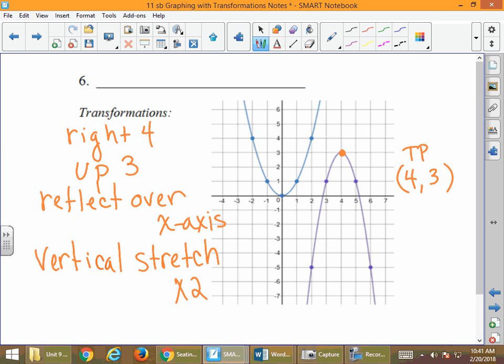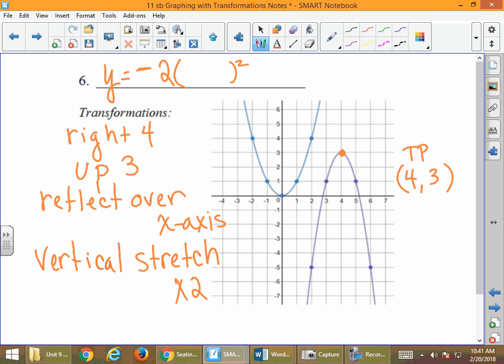And now we have everything that we need to put it back into the equation. Y equals, first one that I'm listing is the reflection. Reflection is indicated by a negative. The second part of the equation is coming from the vertical stretch. We're stretching it by 2.